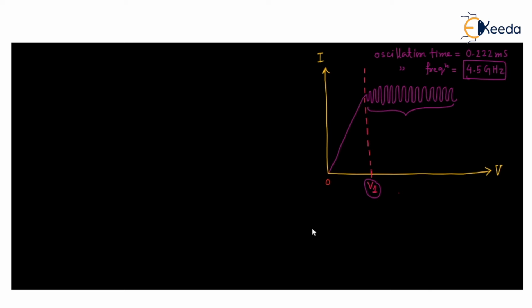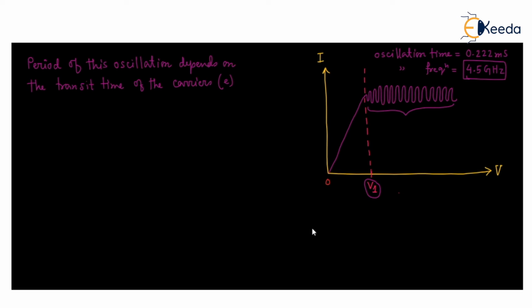So this period of oscillation and the frequency of this oscillation, we can say that the period of these oscillations depends on the transit time of the carriers, that is the electrons, through the length of the device.